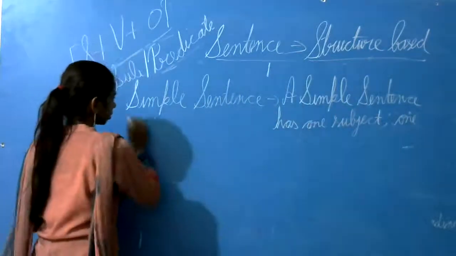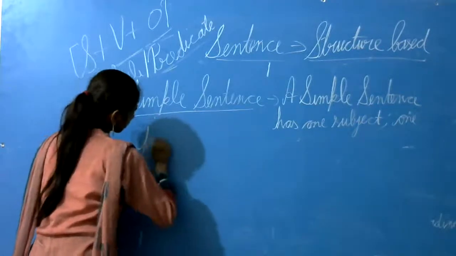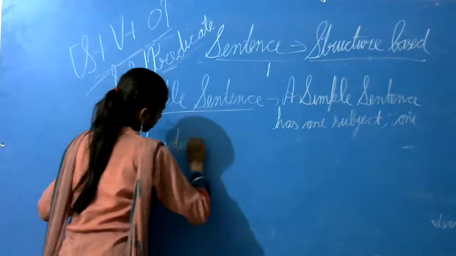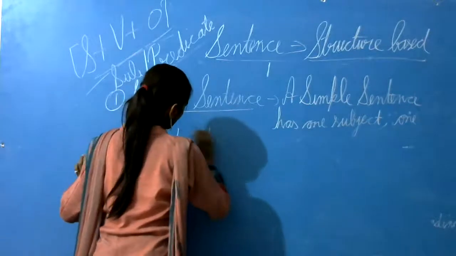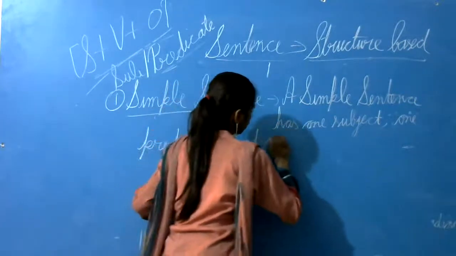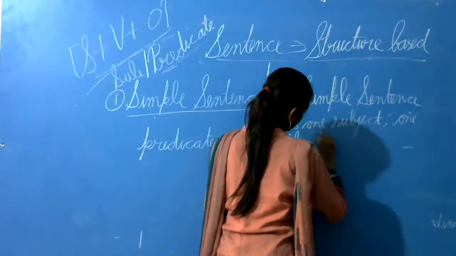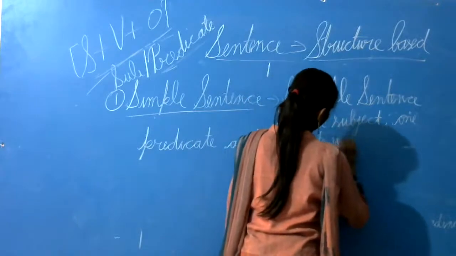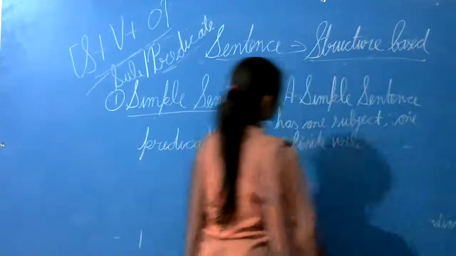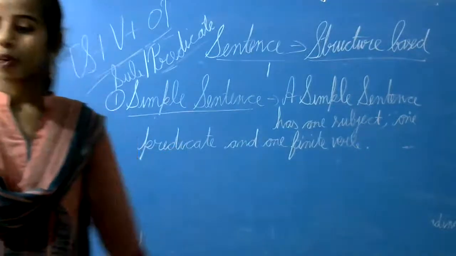One subject, one predicate, and one finite verb. Okay, a simple sentence has one subject, one predicate, and one finite verb.